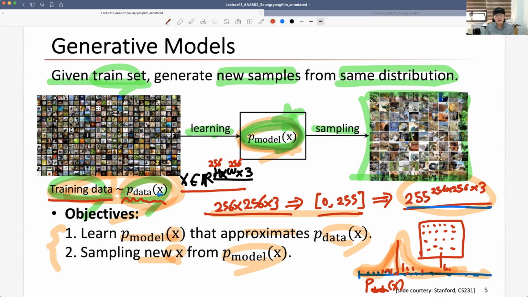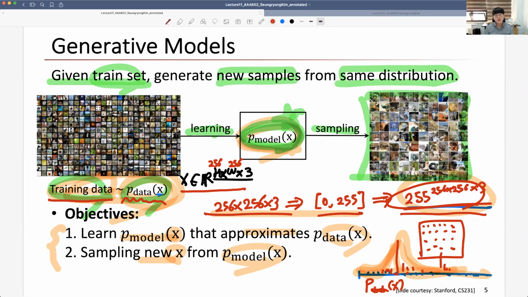Of course, we know one pixel can have values ranging from 0 to 255, right? And we can easily see that there are almost infinite possible samples, 255 to the power of 256 times 256 times 3. So it's going to be impossible to consider all possible samples.